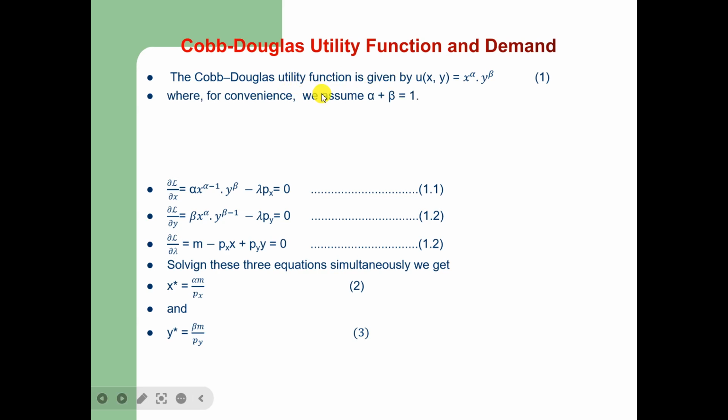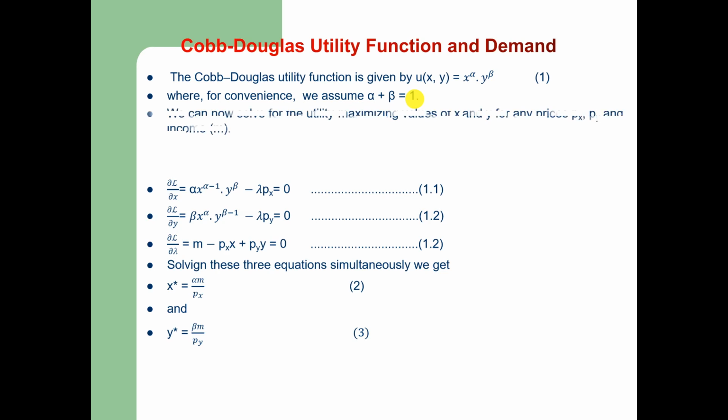For convenience we assume that alpha plus beta is equal to 1, and by definition the Cobb-Douglas function accords to constant return to scale in production theory, and here alpha plus beta is equal to 1, just like we have constant return to scale in the producer theory.